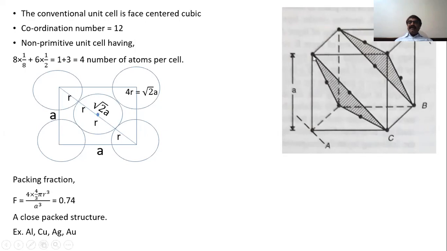Layer C is formed by the atoms at three corners, this corner towards the back side, and this corner, and three atoms at the centers of the faces: left face, lower face, and front face. In this way layer C is formed, and here layer A is repeated.